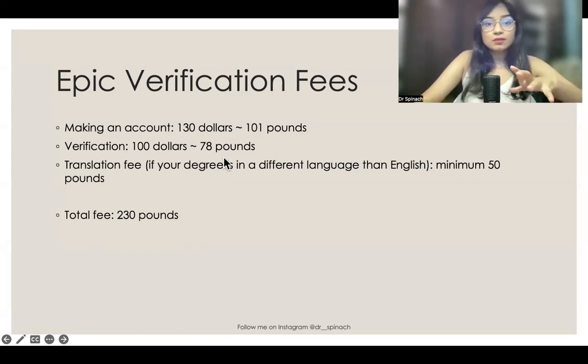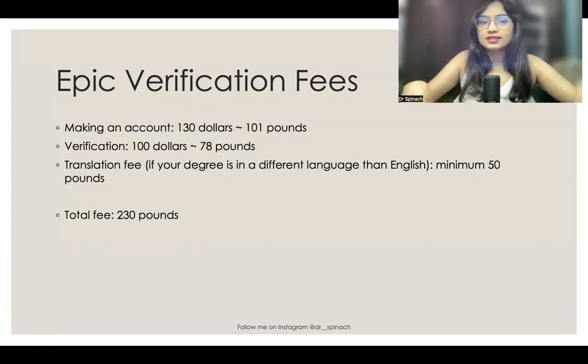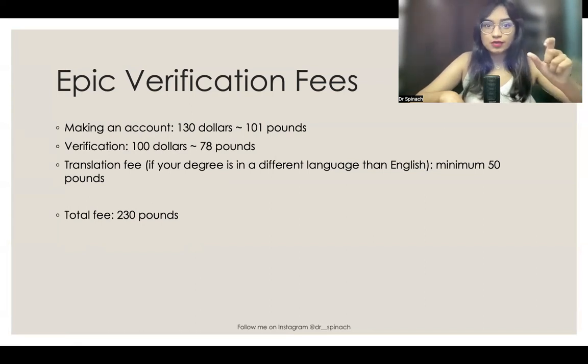Now, if your document, the degree or internship certificate or diploma certificate, whatever it is, if it is not in English and it is in a different language than English, then there will be a translation fee that you may incur. So a minimum amount of translation fee is £50.